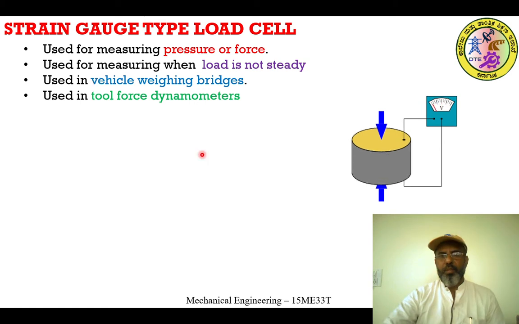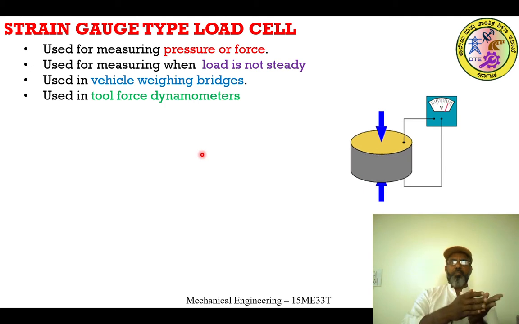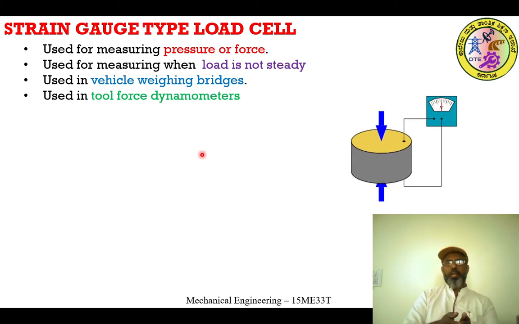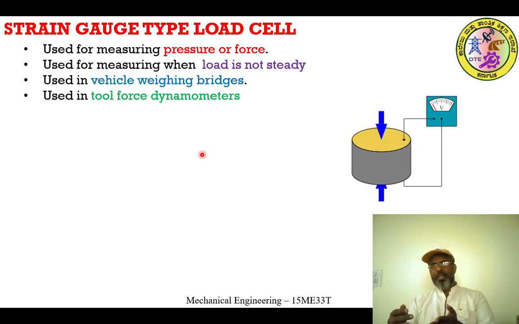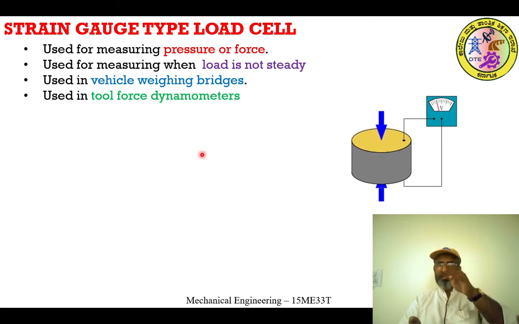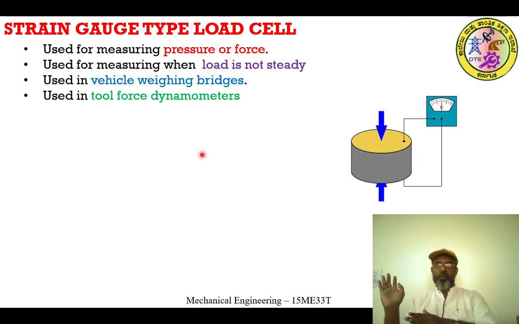Now if you compare a spring balance, a proving ring or a strain gauge type load cell, in all three we are going to apply the load. The output will be in the form of a displacement, a deformation, or an electrical output. The applied force is always proportional to the output; input and output are linear in all three cases.